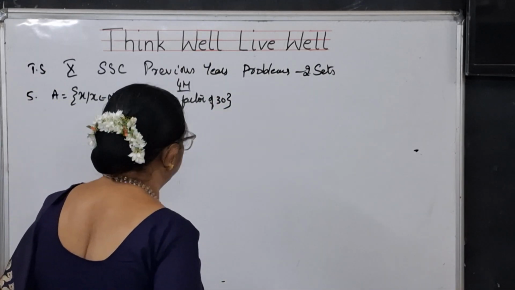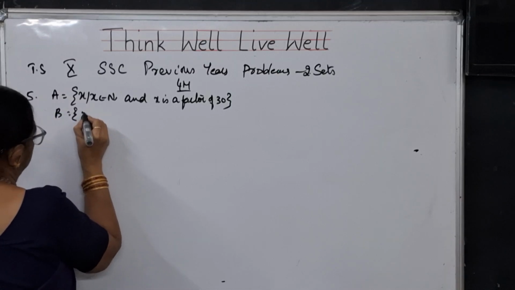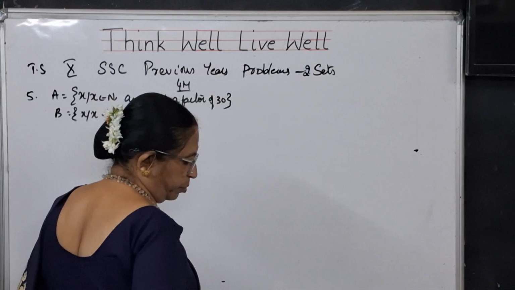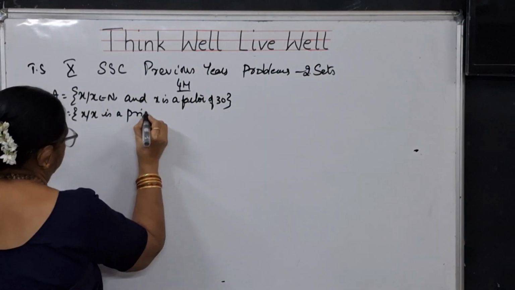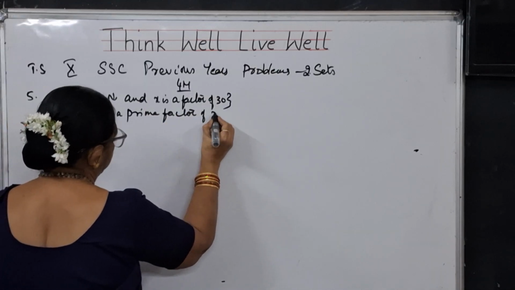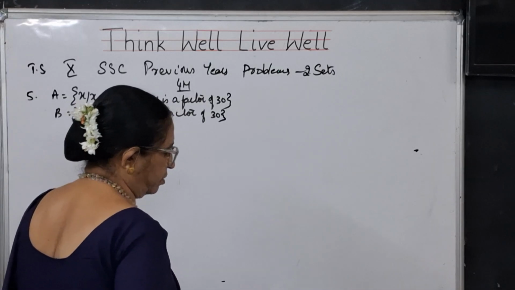Then B is equal to x such that x is a prime factor of 30. So first one is factors, second one is prime factors.